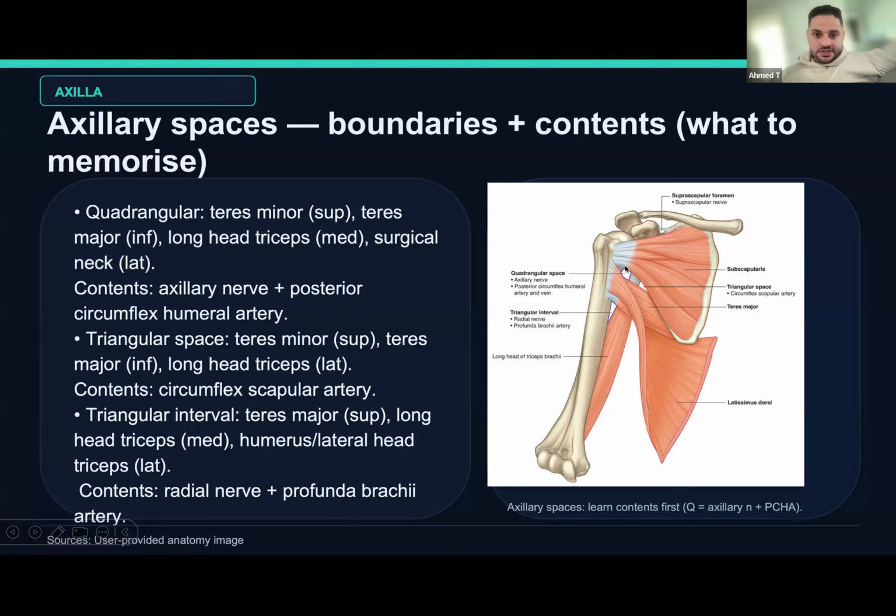In the quadrangular space you've got your axillary nerve and posterior circumflex artery, and the triangular interval has the radial nerve. It's very important if they give you a similar picture. When you put this picture in your mind and are asked about the course of a nerve, make sure you mention that the radial nerve passes through the triangular interval and the axillary nerve passes through the quadrangular space, etc.